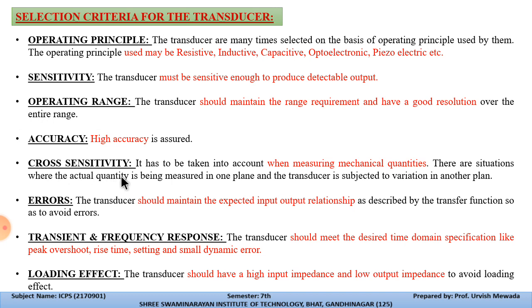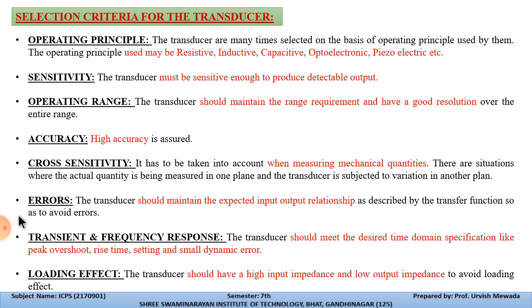This is associated with two stage transducers, meaning first a mechanical and then an electrical conversion type transducer. It has to be taken into account when measuring a mechanical quantity, because there are situations where the actual quantity is measured in one plane and the transducer is subjected to variation in another plane. So while we use a two stage transducer, cross sensitivity is very essential.